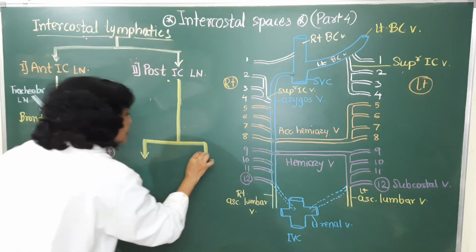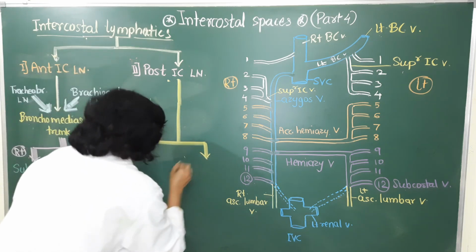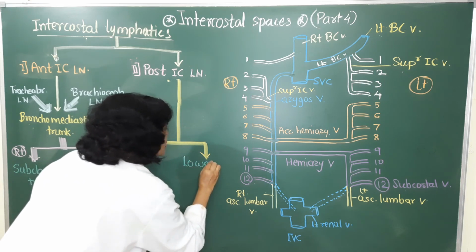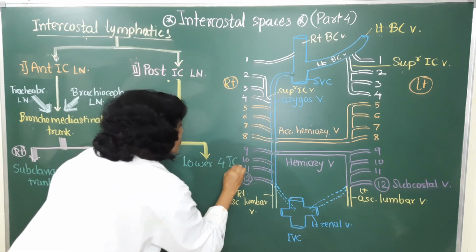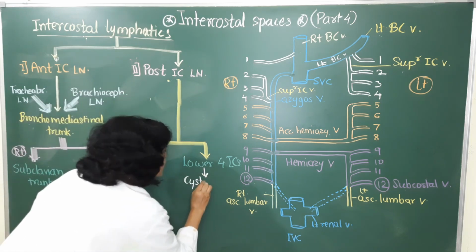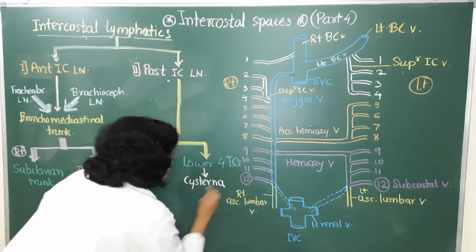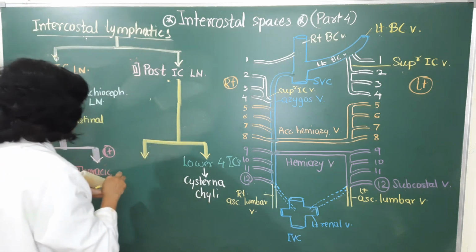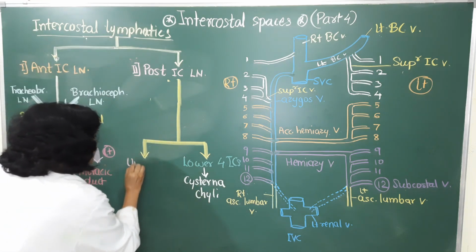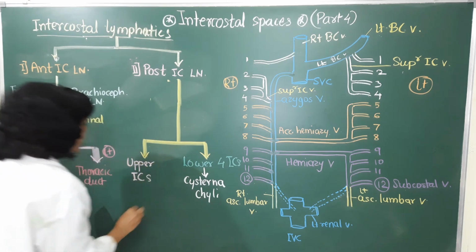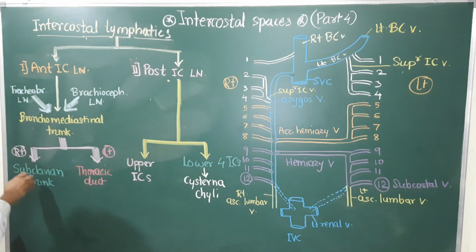One set, from the lower four intercostal spaces, drains into the cisterna chyli, while for the upper intercostal spaces the efferents are the same as those of the bronchomediastinal trunk.